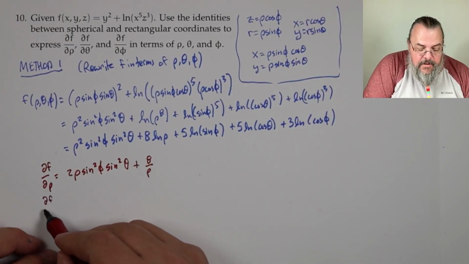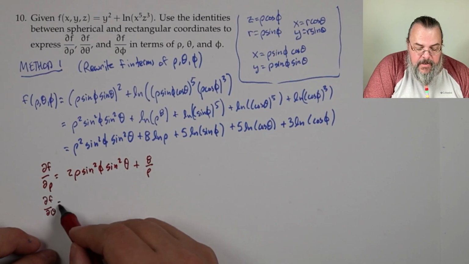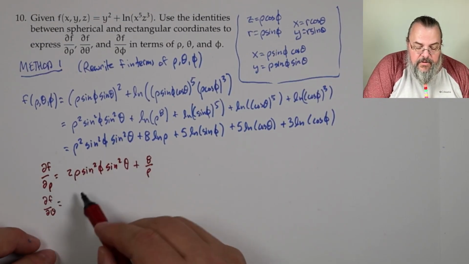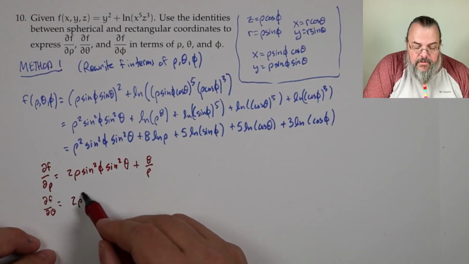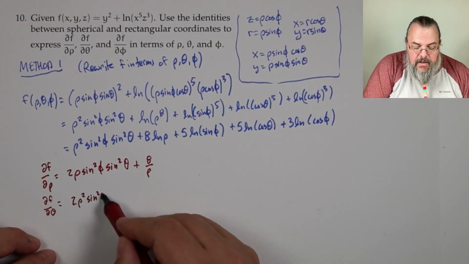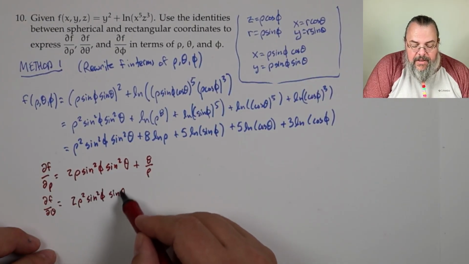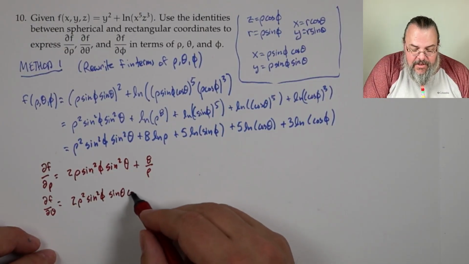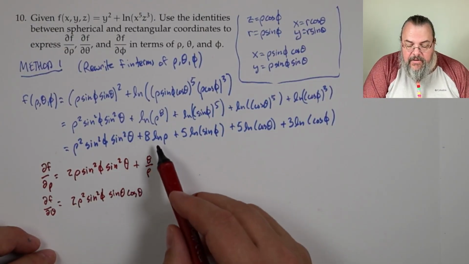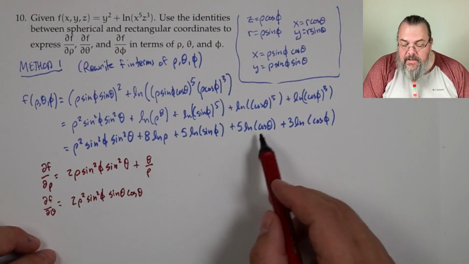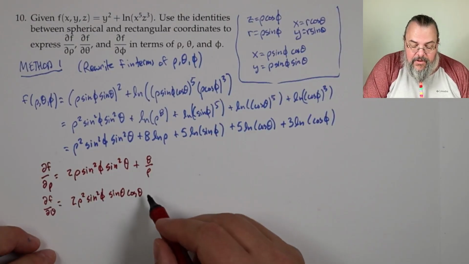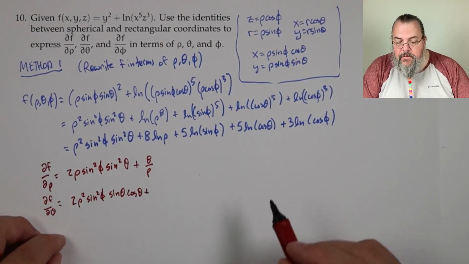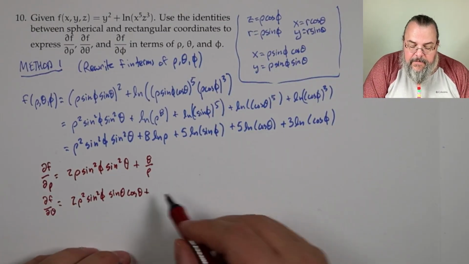Partial f, partial theta. Okay, the 2 comes down, put that in front: 2 rho squared, sine squared phi, sine theta, times the derivative of sine, because we're doing chain rule, which is cosine theta. That has no theta, that has no theta, that has a theta. So, plus, we're going to get a 5.